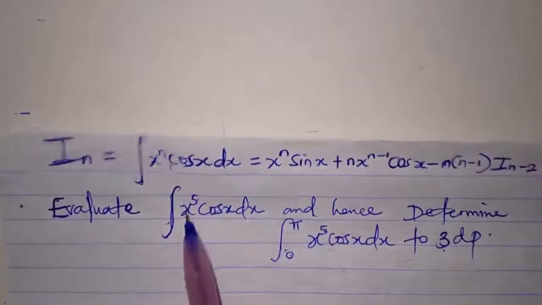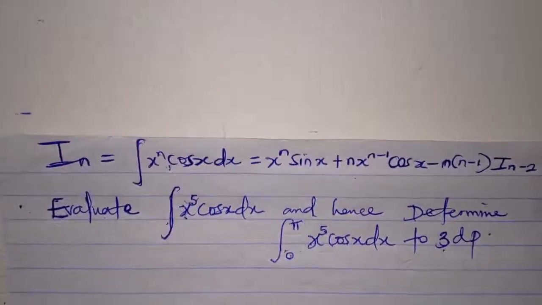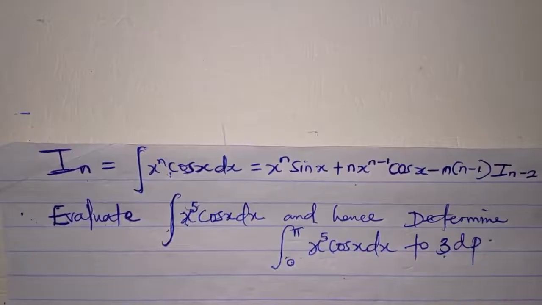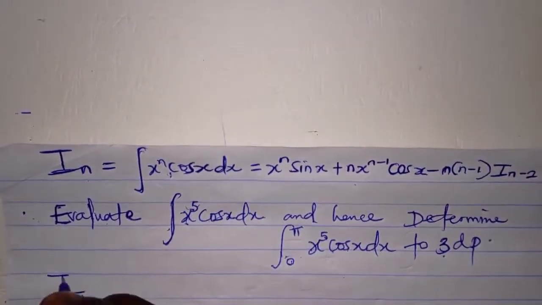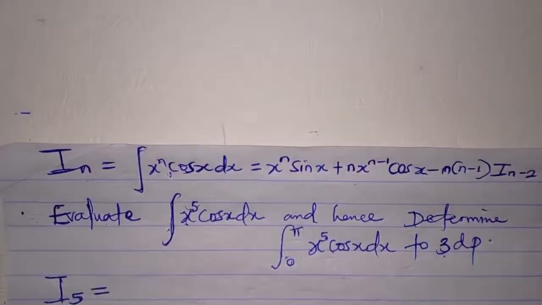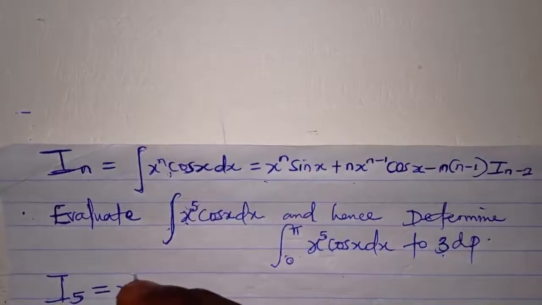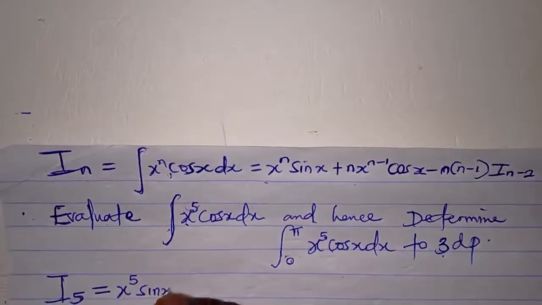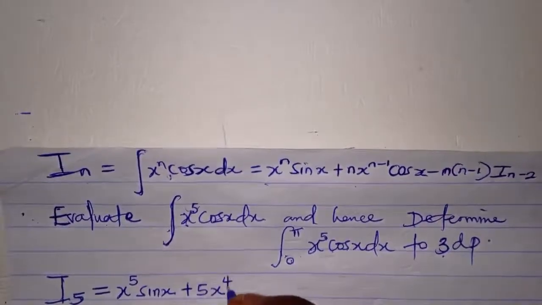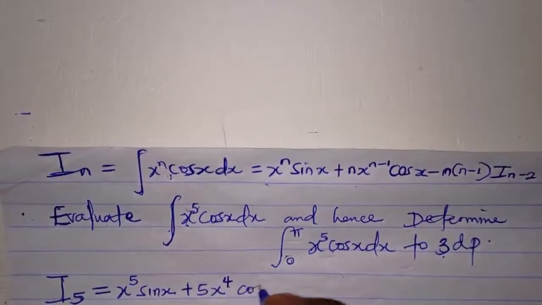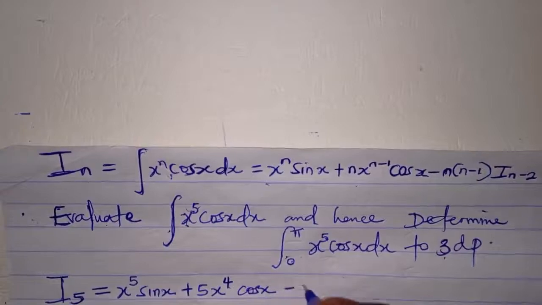The power of x here is 5 and that corresponds to n. It means that n is equal to 5. So we are determining I5, and this is equal to, from here, just watch me, x to the 5th sine x plus 5x to the power of 4 cos x minus 5 times 4, right?